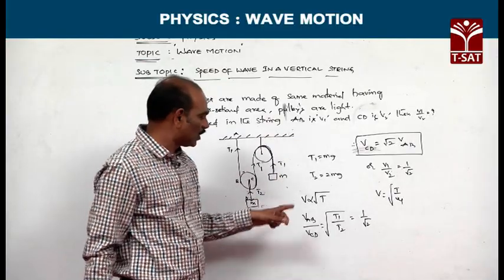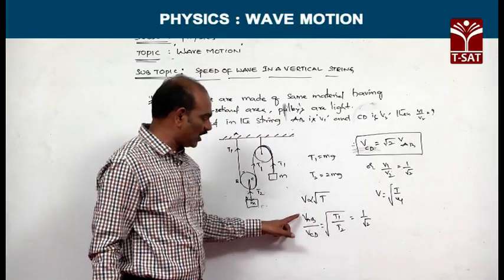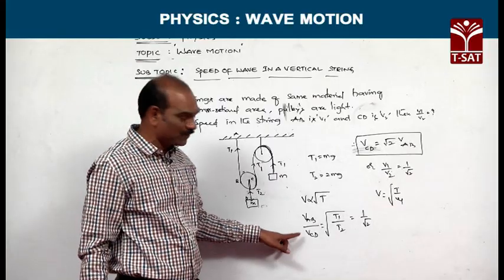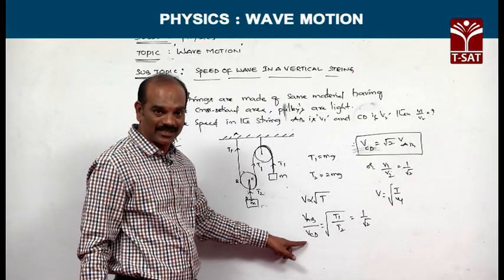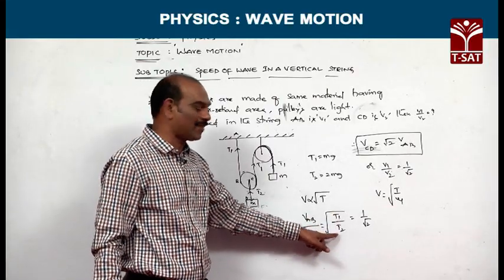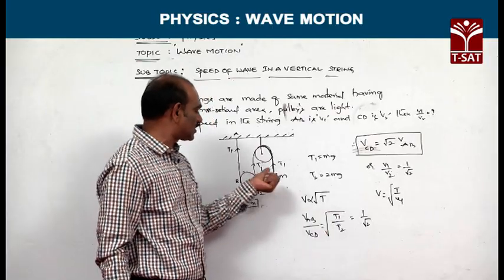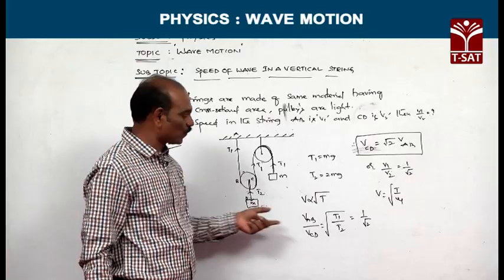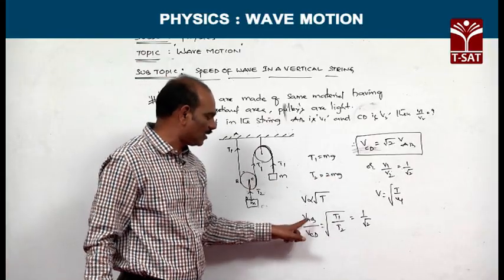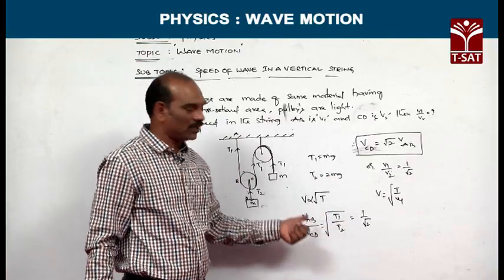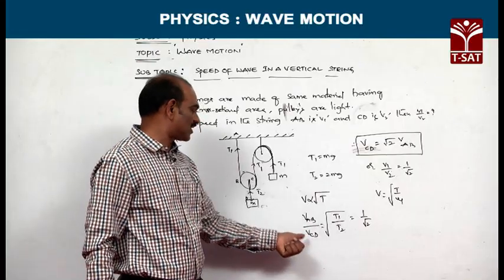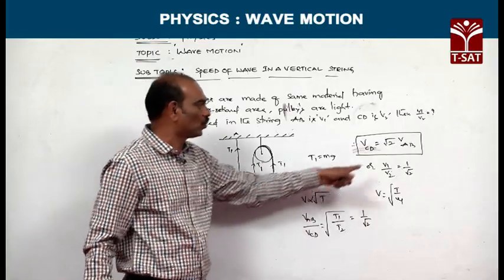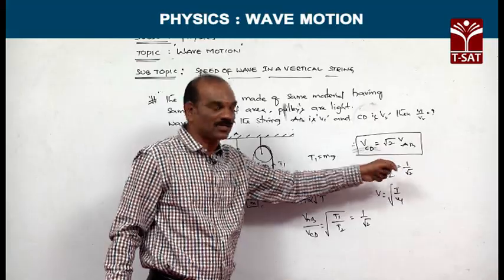So V is proportional to root T, and VAB by VCD is equivalent to under root of T1 by T2, where T1 is the tension in the AB part and T2 is the tension in the CD part. Using these two values, we will get 1 by root 2. Therefore, the speed of the transverse pulse in the string CD is equivalent to root 2 times the speed of the transverse pulse in the string AB.